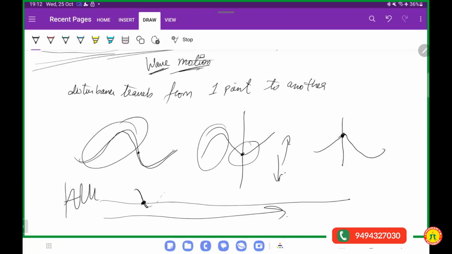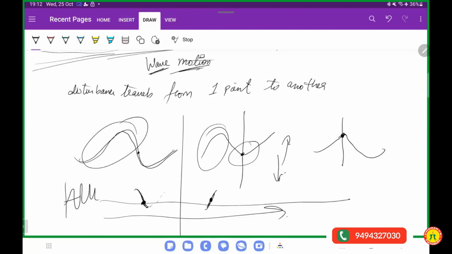Due to the particle here, then the wave is here. Then this point, wave, the same particle. If it is here, this is different. The same particle is here, it's an upward disturbance. This is a downward disturbance.